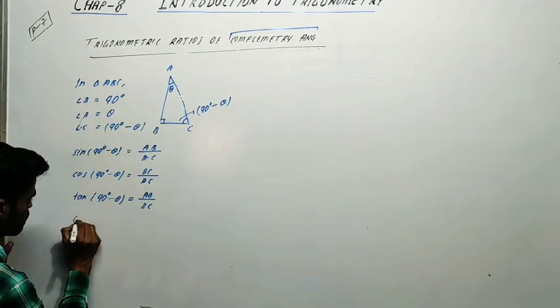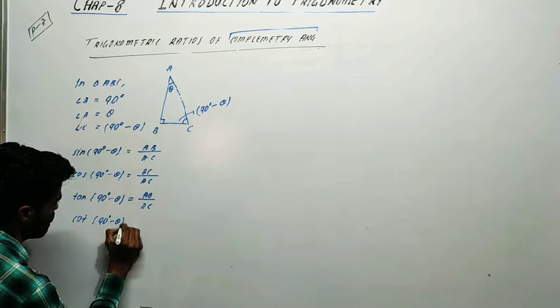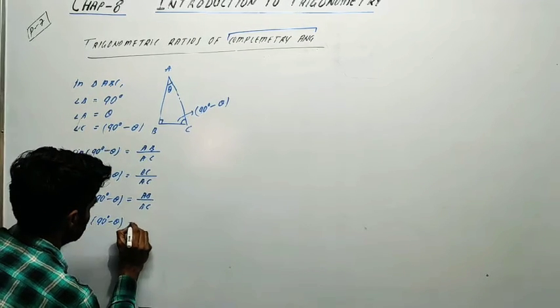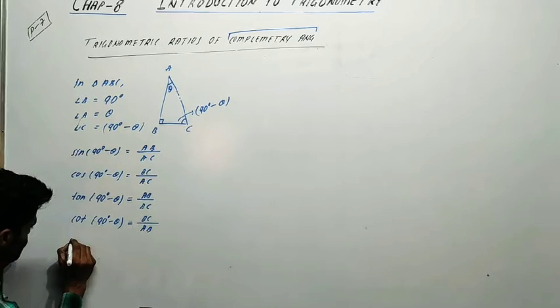Now cot 90 degrees minus theta, that is the reciprocal of tan, is equal to BC upon AB.